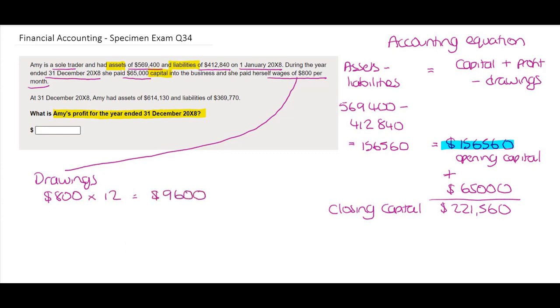And so therefore, if we've got $800 per month multiplied by 12 months, that will give us drawings of $9,600. The remaining information given to us relates to the end of the year on the 31st of December. They tell us that Amy had assets of $614,130 and liabilities of $369,770. We now have our closing assets and liabilities, and we have our closing capital and drawings.